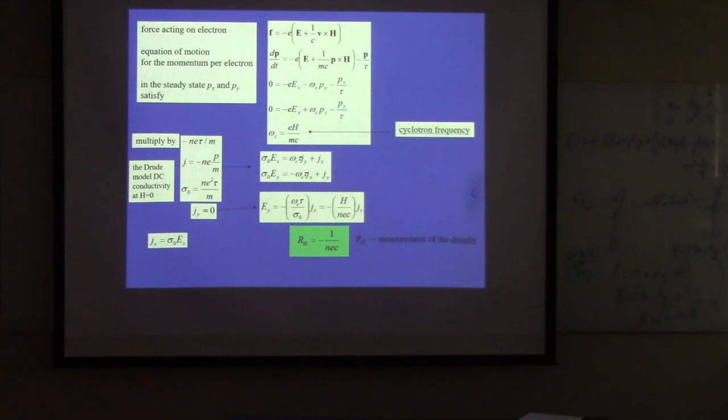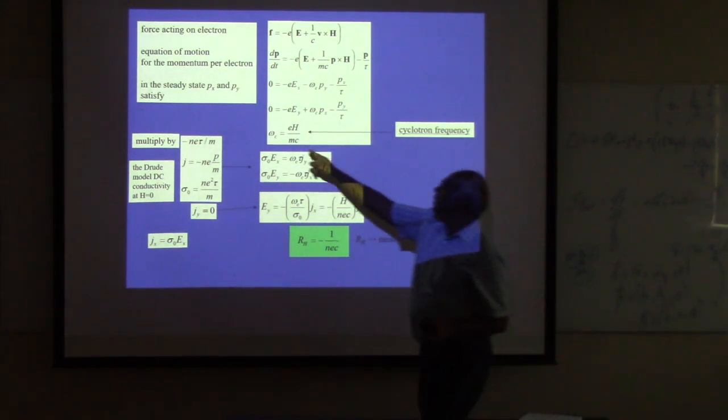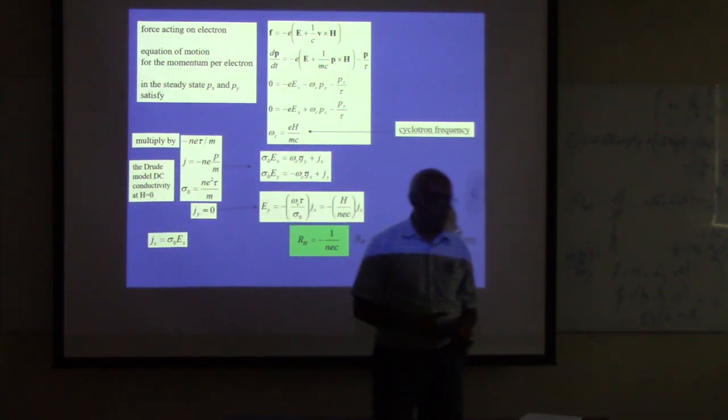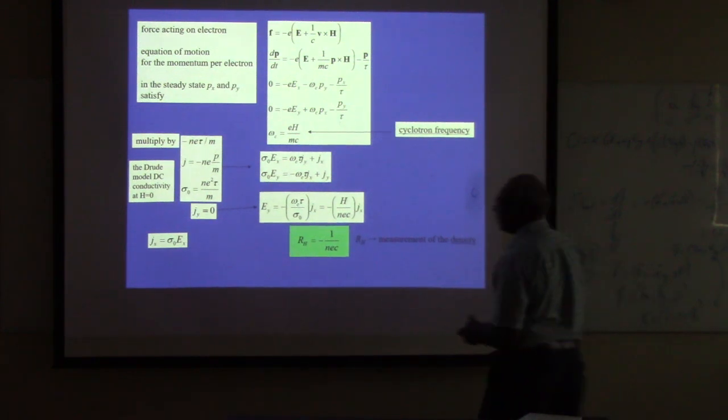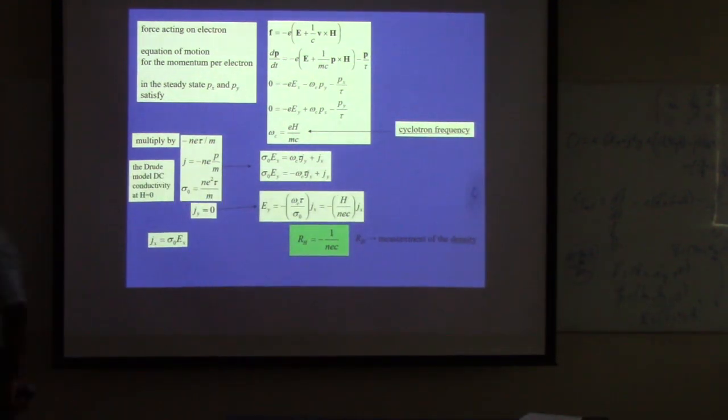In this one it is usually eB over MC. Don't forget about that C. This is a very important quantity called the cyclotron frequency, given by eB over M.